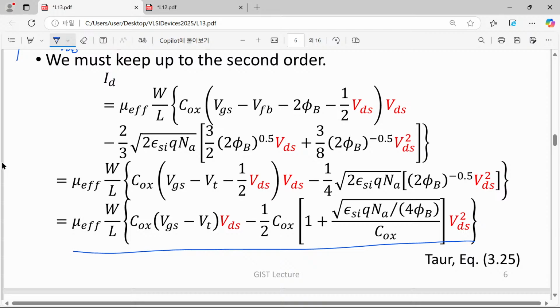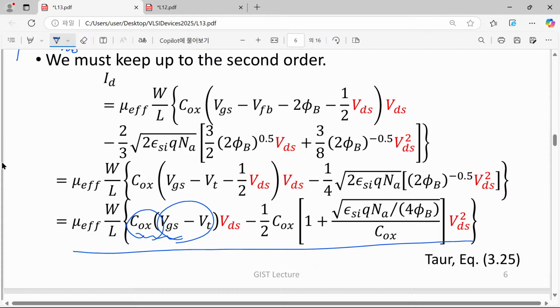But maybe you feel, oh, this looks quite similar to one I have studied in our previous course. If you have attended the microelectronics course at your junior or even sophomore level, maybe you have seen it before. It looks like this: Cox (VGS minus VT).